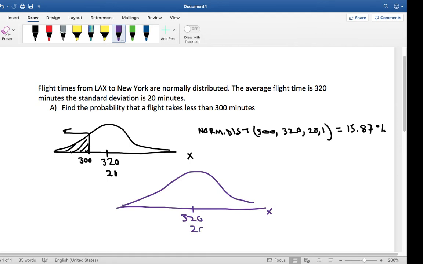There's a time such that 15.87% of flights take less than that amount of time. So the quickest 15.87% of flights, they're the quickest because time increases as you move down this axis. So what is that time?